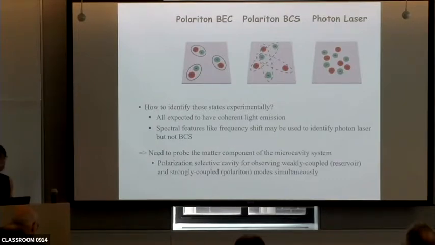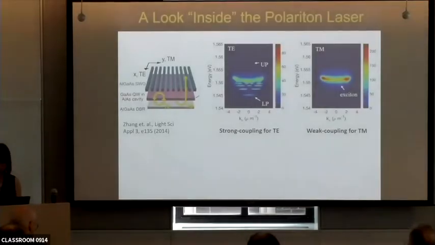So to really distinguish them, one needs to look at the matter part. That's where the nature becomes different. It turns out our cavity becomes handy for that purpose because we have a strongly polarization selective cavity where one of the linear polarizations couples strongly to form the polaritons, and the orthogonal linear polarization stays in the weak coupling regime.